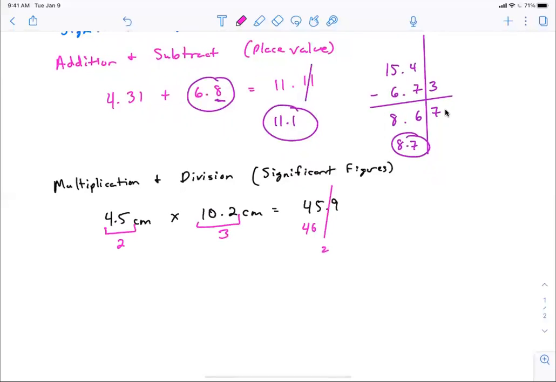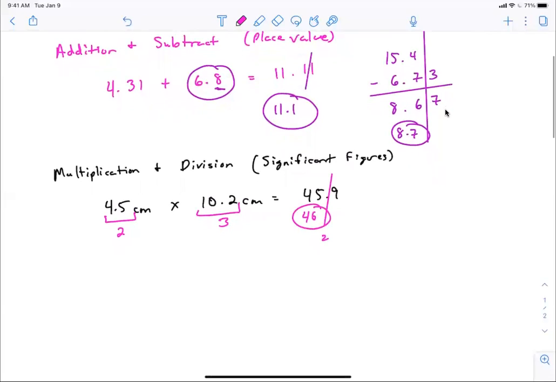So the appropriate value that you would record is 46 in these scenarios. And it would be 46 centimeters squared because your units do change as you multiply the units or divide the units accordingly.